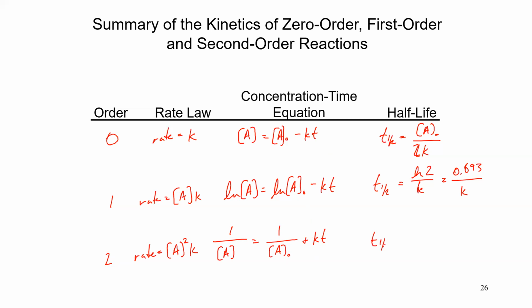And our t 1/2 is equal to 1 over k times A naught. Okay. So for the exam, it's going to be good to know these equations. They are going to be very useful for you.